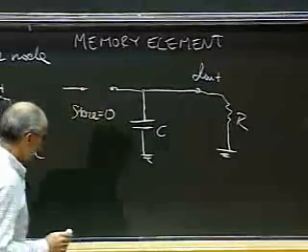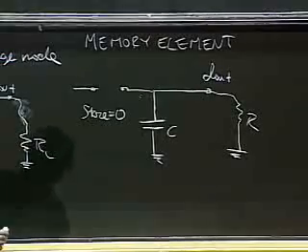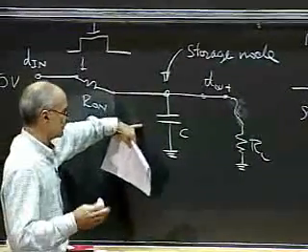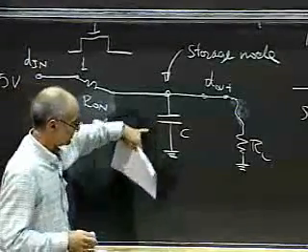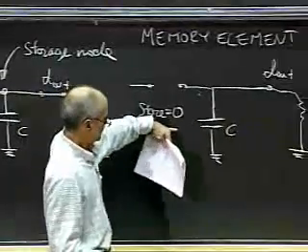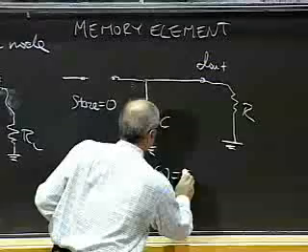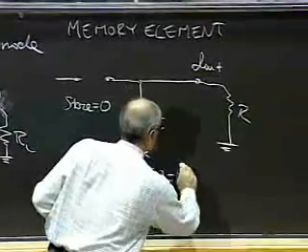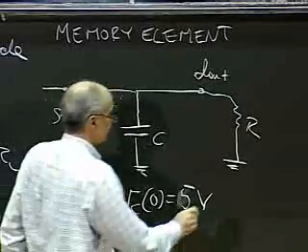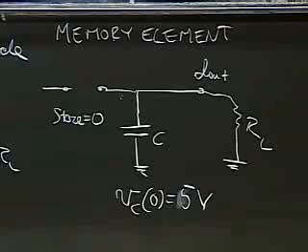It's a ZIR, if you like, situation. You can think of it as a ZSR if we were starting with 0 charge on the capacitor. But I'm interested in this part. So in this case, I'm starting with a VC of 0 equal 5 volts. And I'm asking myself, how long will this cell hold the value?